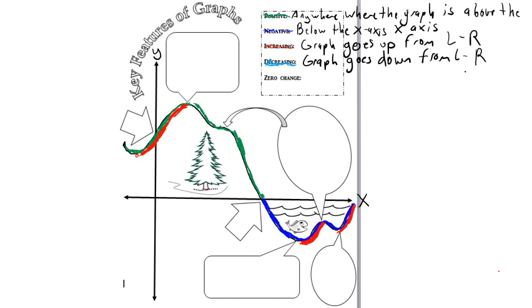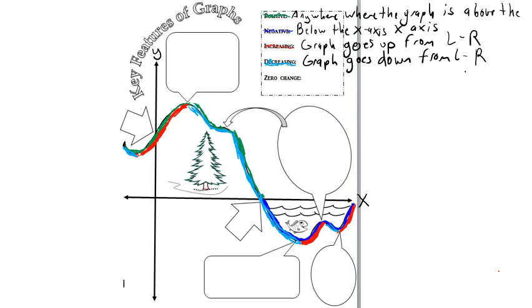But decreasing is where it goes down. So over here, we can see it's going down until it hits right there. Here we can see it's going down, and then going down, and you just kind of keep going. Right here is where it's all decreasing, and then decreasing right here.